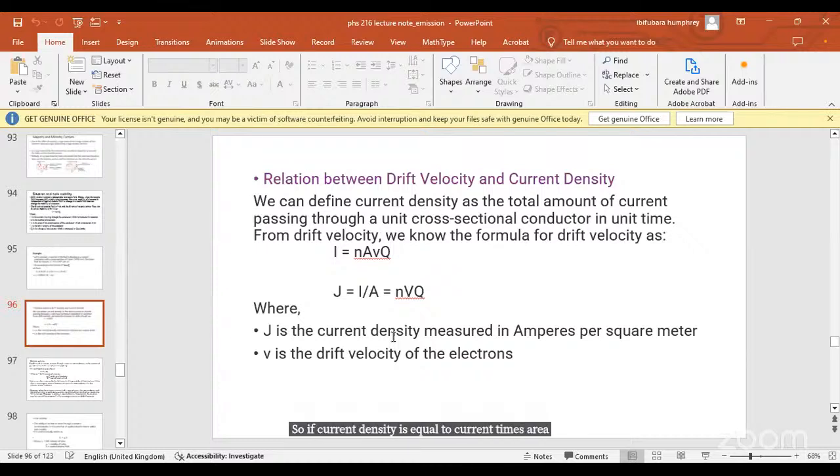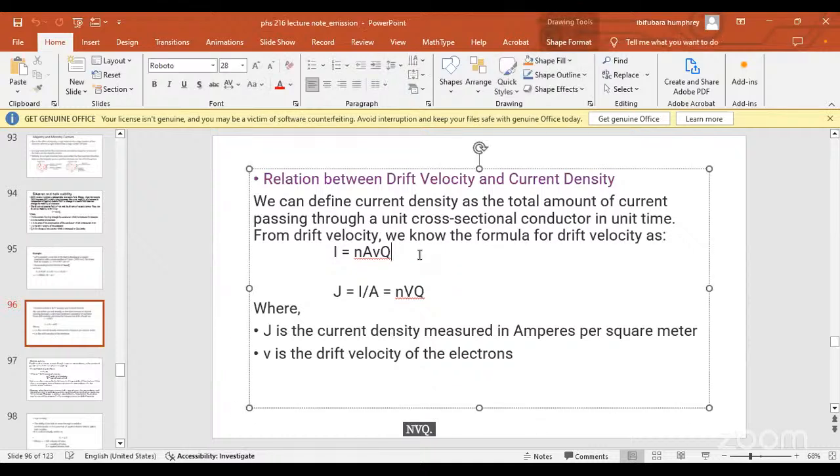And we know that current is equal to NAVQ, so we can replace current as NAVQ over A, and that gives us NVQ.